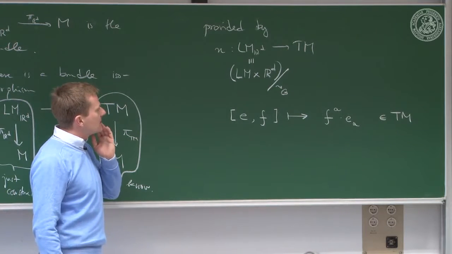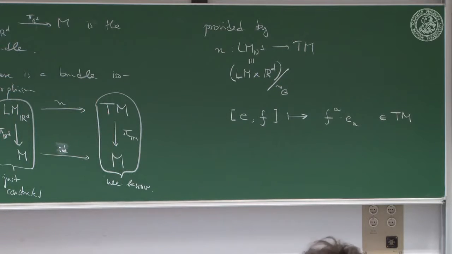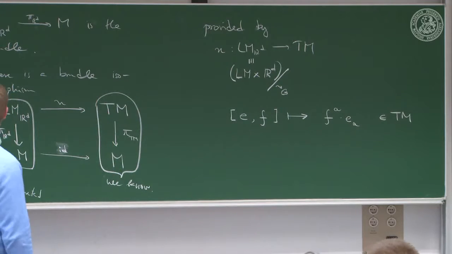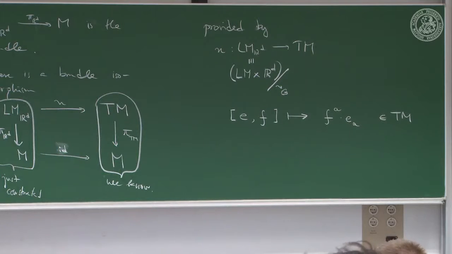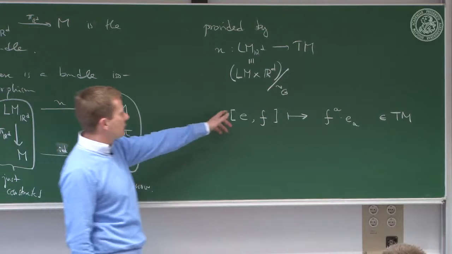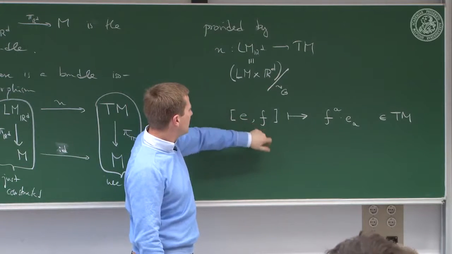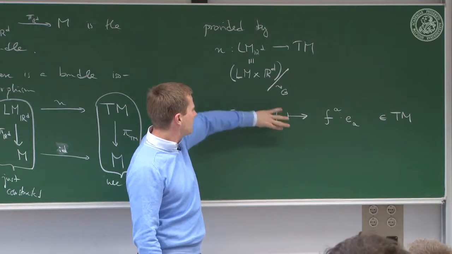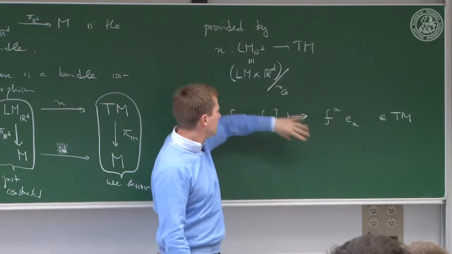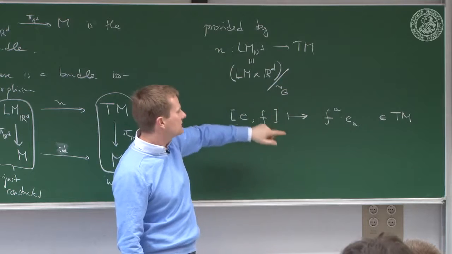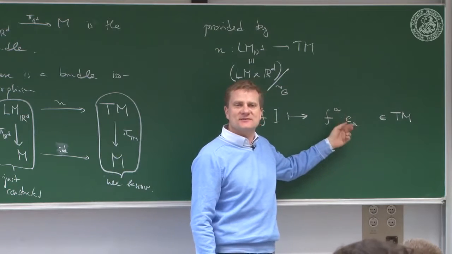Okay, so now if you then consider the action of this group on the fiber, you see that if you change the frame with the transformation G, then the fiber element F^a is changed in the opposite direction, and this just cancels.